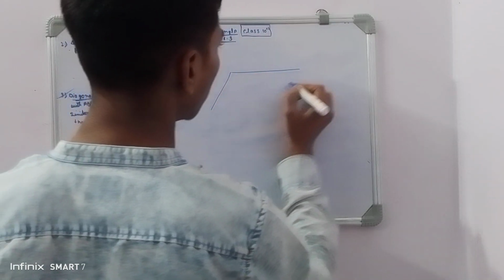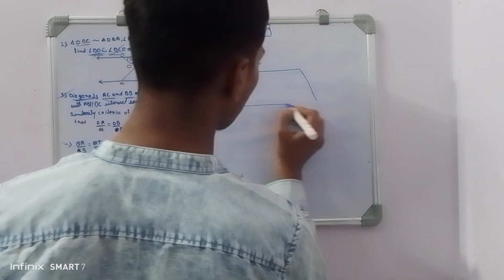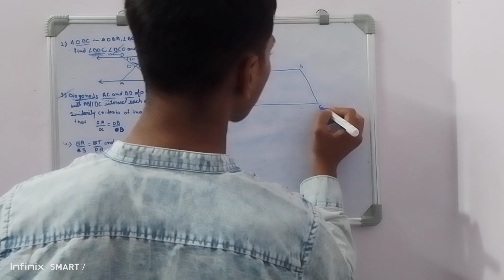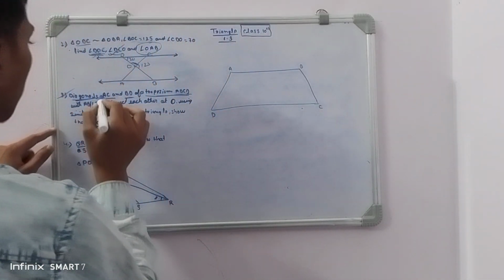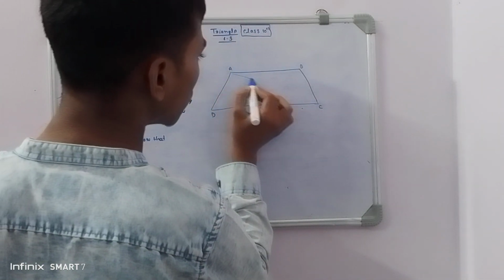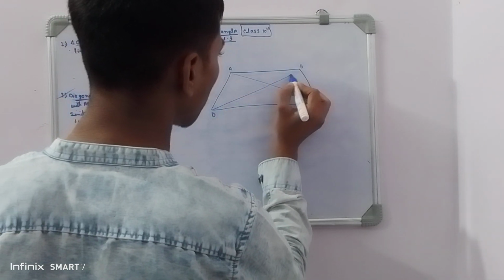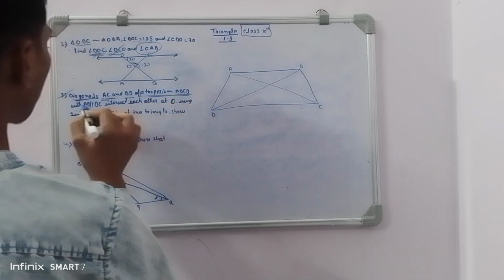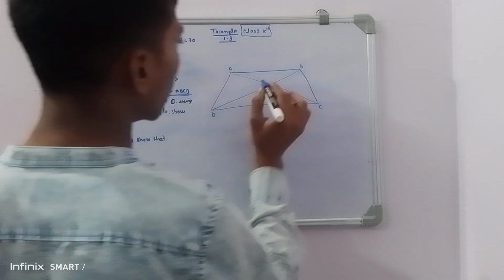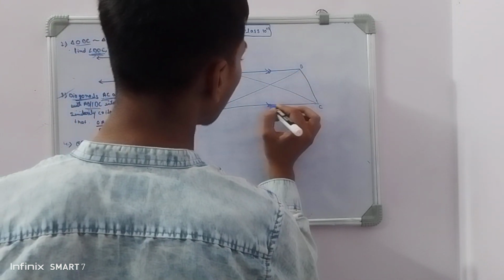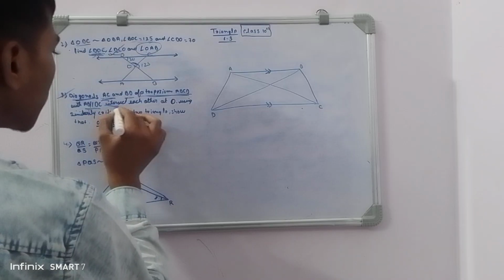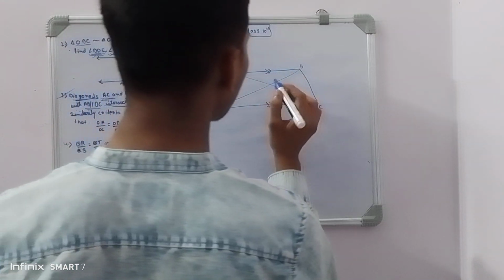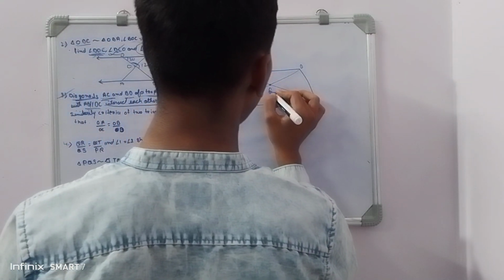We know the trapezium looks like this, with vertices named A, B, C and D. This one is a diagonal AC and this one is a diagonal BD, with AB parallel to DC. That means this side is parallel to this side, and the diagonals intersect each other at O. Name this point as O.